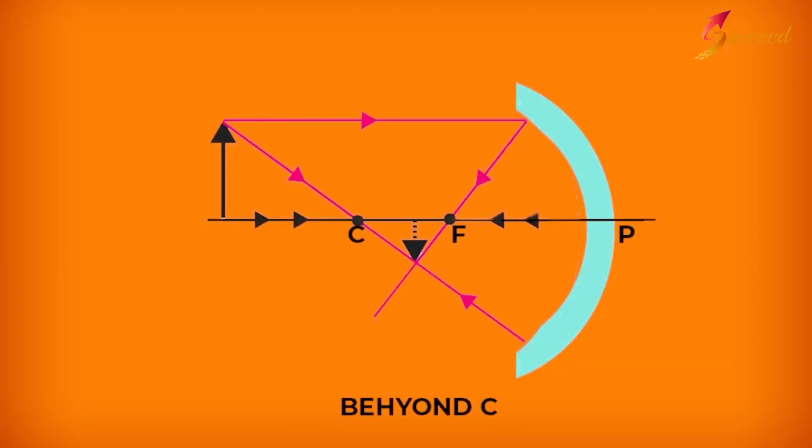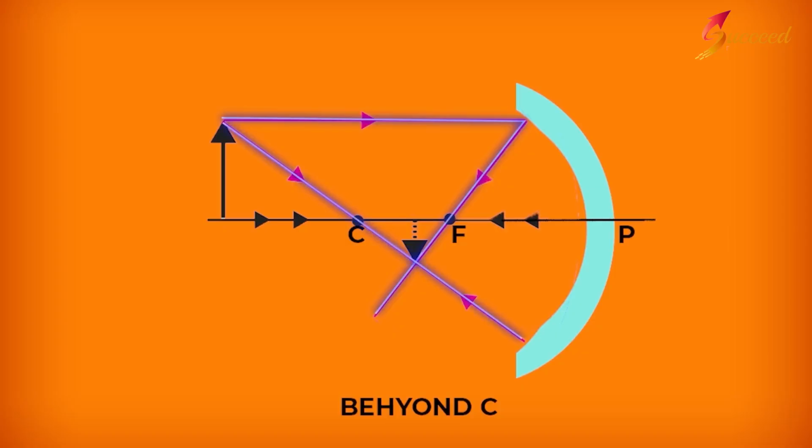Now let us keep the object beyond C. Now we see that the light ray parallel to the principal axis after reflecting passes through the focal point. Another ray which is passing through C is reflecting back in the same way.